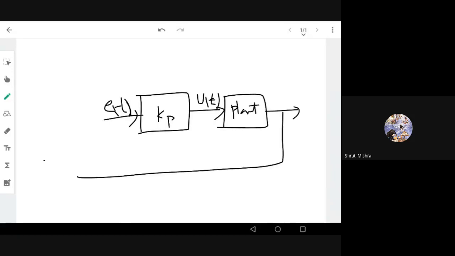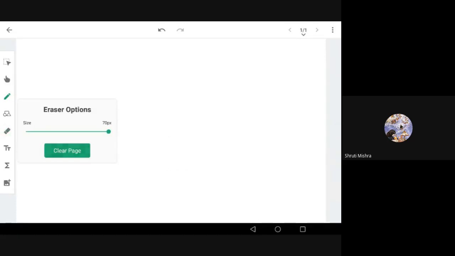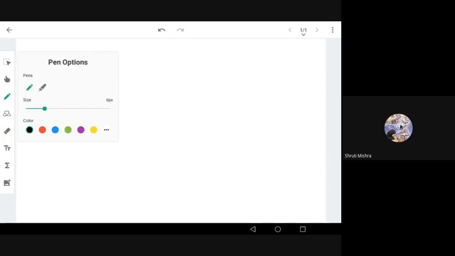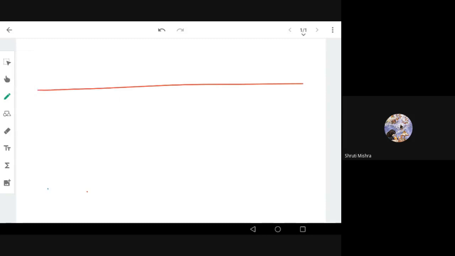Now this is taken as feedback, with minus and plus, and this is reference R. This is your proportional controller. Now we have seen the defect of the proportional controller. Although the output is directly proportional to the error, still in order to reach some level, for example, this level I need to reach, it takes a long time.